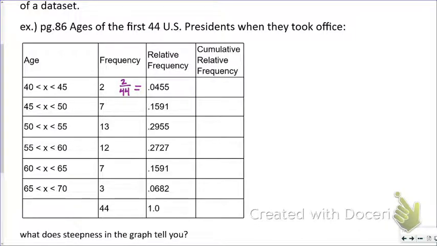So for example, the cumulative relative frequency up to 45 years old is exactly the same as that relative frequency printed right there. But as we move forward, you have to keep adding. So cumulative for presidents up to 50 years old, I go 0.0455 plus 0.1591, and I get 0.2046.